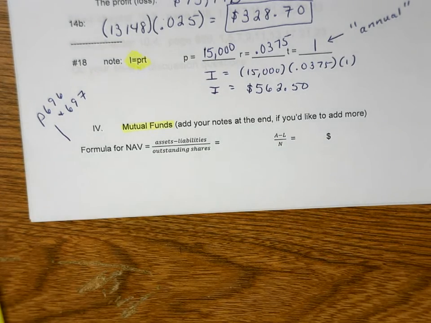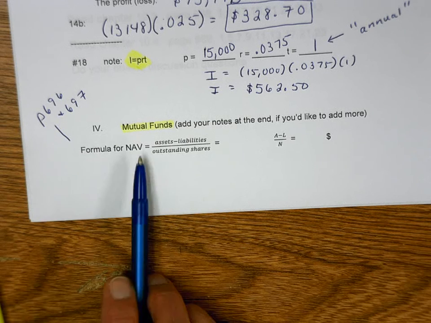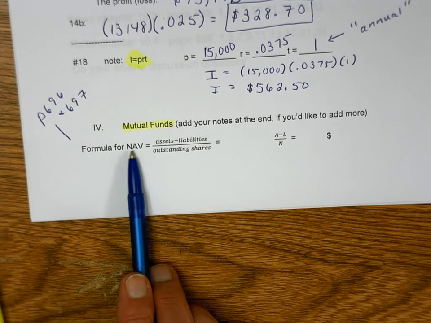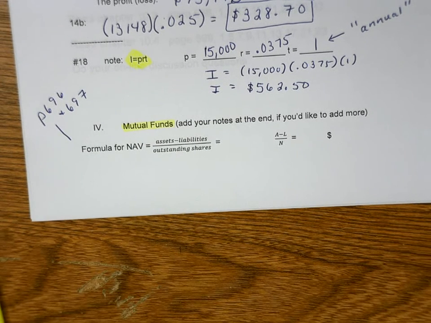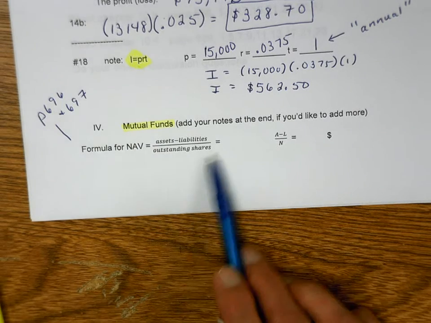All right, now let's look at 22. It says a mutual fund has total assets of 25 million and total liabilities of 250,000. There are 1,500,000 shares outstanding. Find the net asset value, it's right here, net asset value of the mutual fund. So we're going to be using this formula, okay?